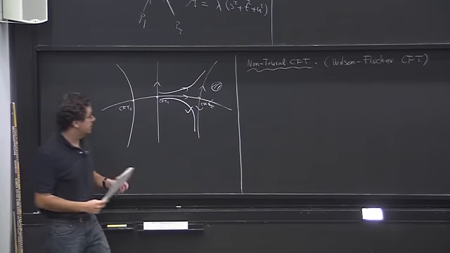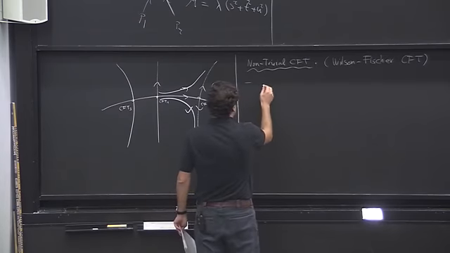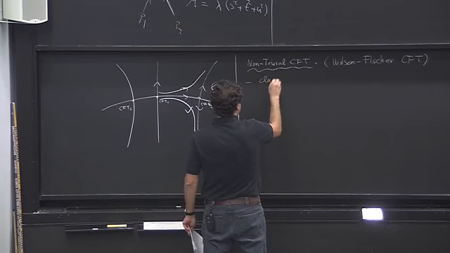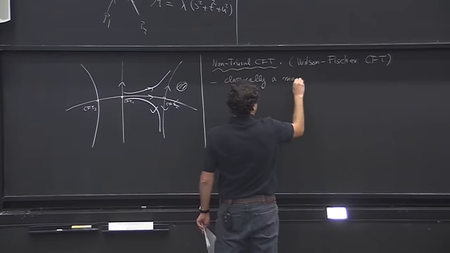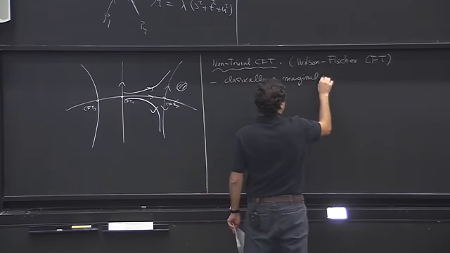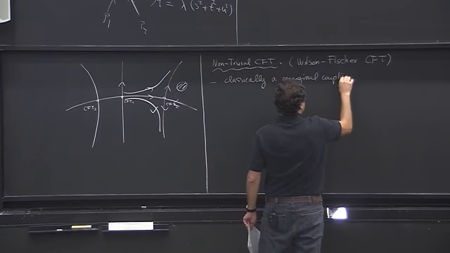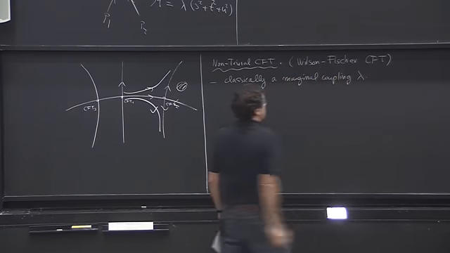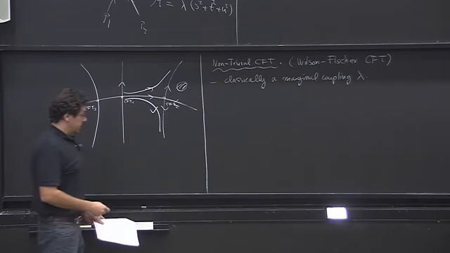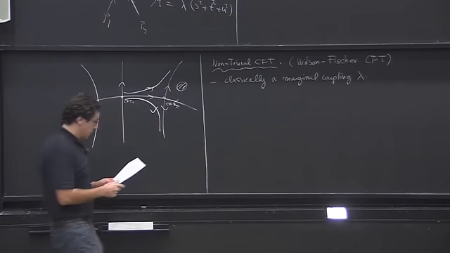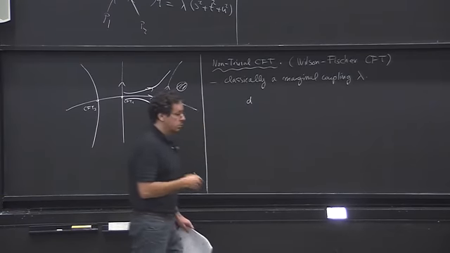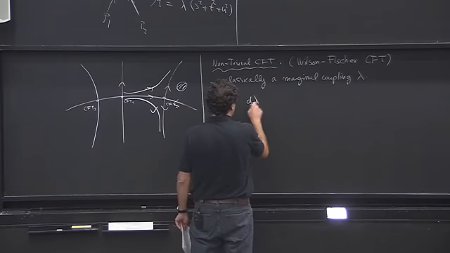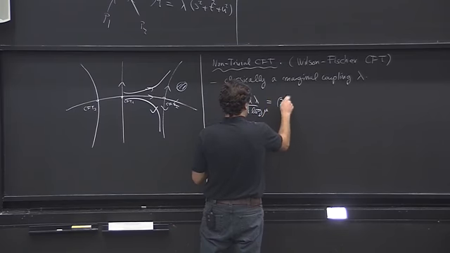If you start with a theory that has classically a marginal coupling lambda, so it means that classically it is dimensionless. But then we know that quantum mechanically, due to virtual effects, this coupling will acquire some non-trivial running, beta lambda.